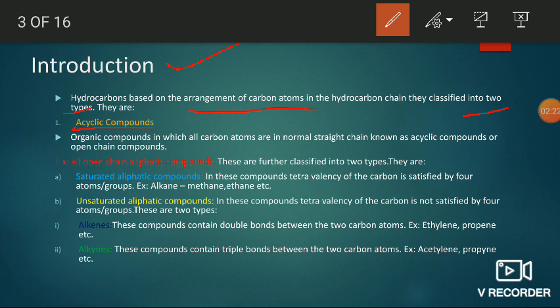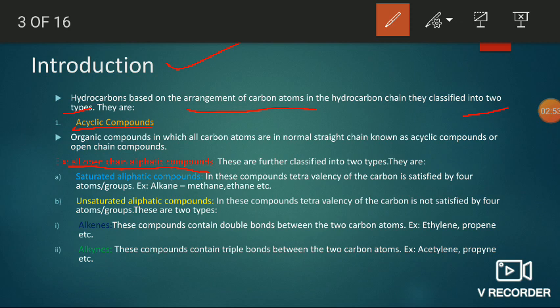What are the examples for acyclic hydrocarbons? The examples are generally all the open chain aliphatic compounds. Aliphatic may be in open chain or they may be in closed chain. But here, all the open chain aliphatic hydrocarbons are examples of acyclic hydrocarbons.